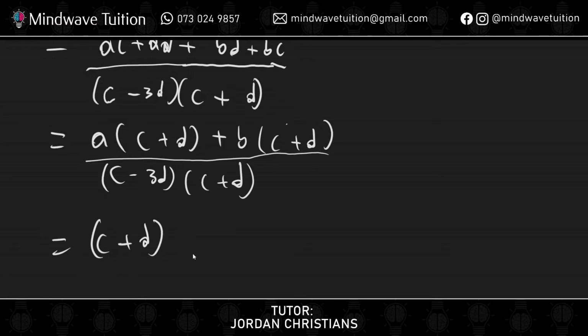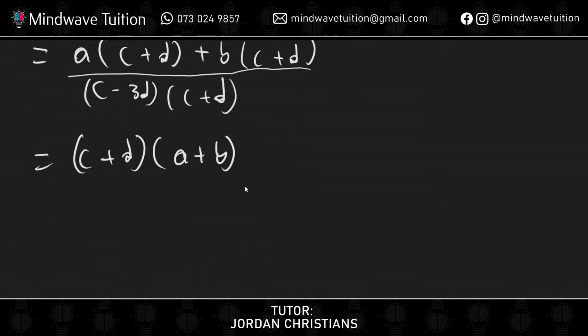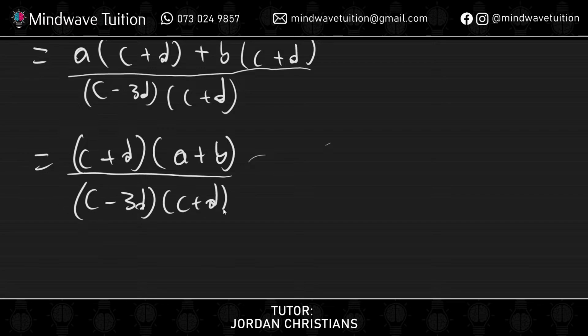And boom, we can factorize the C plus D out as the common bracket, and that leaves me with A plus B. And this is all over C minus 3D times C plus D, where we can now cancel out C plus D and C plus D, giving me the final answer of A plus B all over C minus 3D.